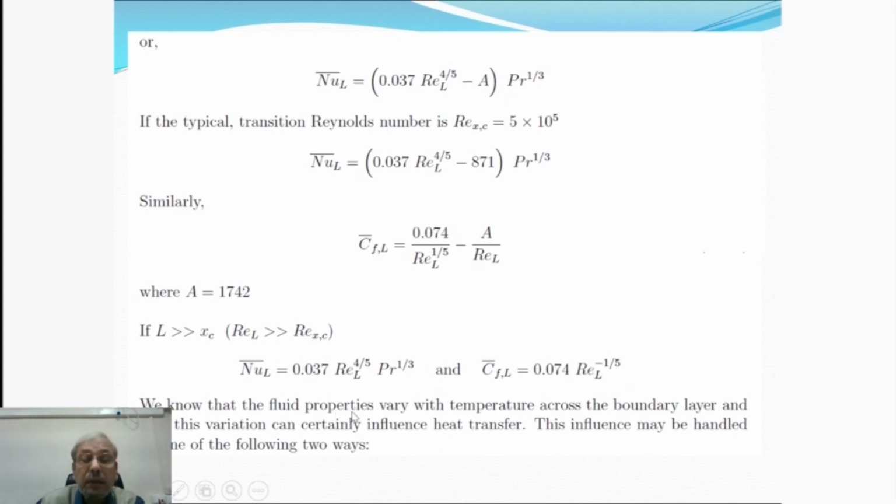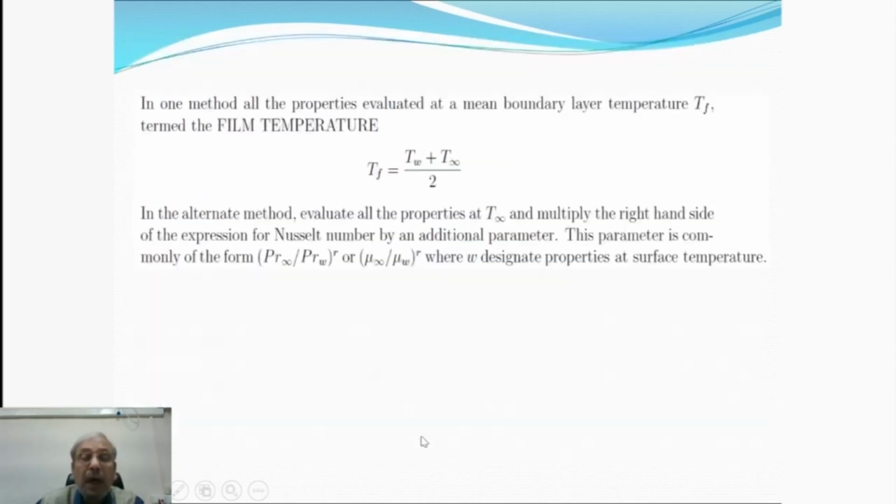We know that fluid properties vary with temperature across the boundary layer, and that this variation can certainly influence heat transfer. This influence may be handled in one of two ways.